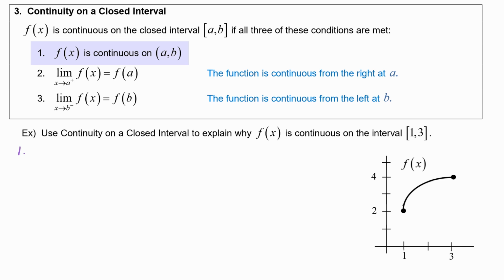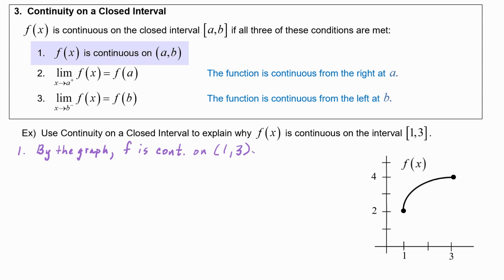Now, by looking at the graph, for all the points in between 1 and 3, there are no breaks, jumps, holes, asymptotes. There's nothing that would cause a discontinuity on the graph. It's what we call a smooth curve. So, because we have the graph, we can say, by the graph, f is continuous on that open interval from 1 to 3.